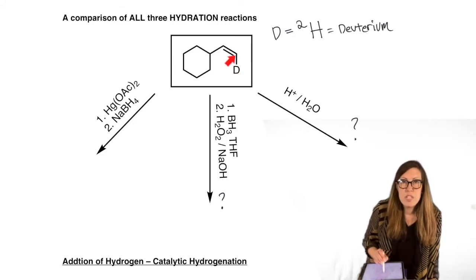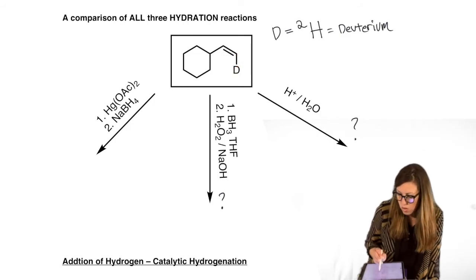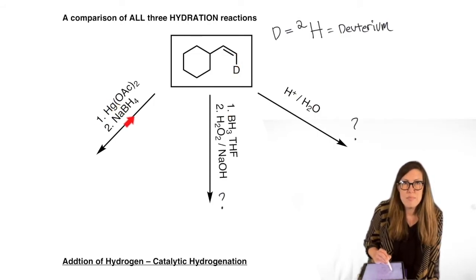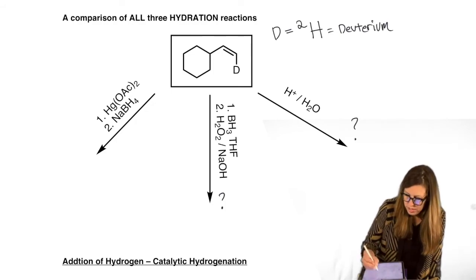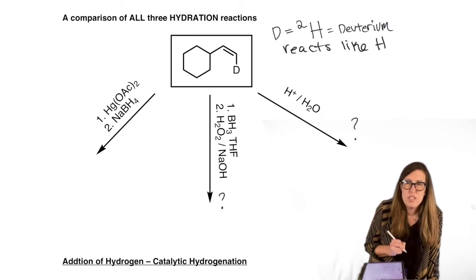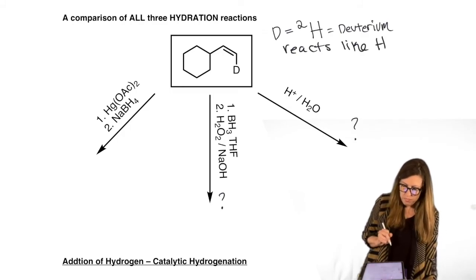Oftentimes the deuterium just replaces what normally would have been a hydrogen in a starting material, or what normally would have been a hydrogen or proton or hydride in a reactant over the arrow. It reacts like hydrogen in these kinds of reactions, okay? Reacts like H. So treat it like an H, except you actually have to write out a D instead. So you're not allowed to imply it.